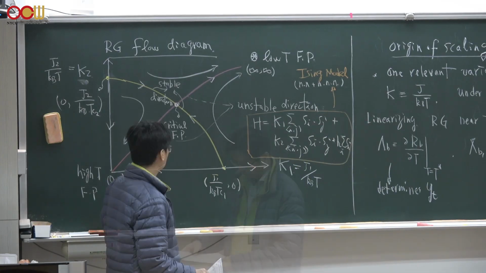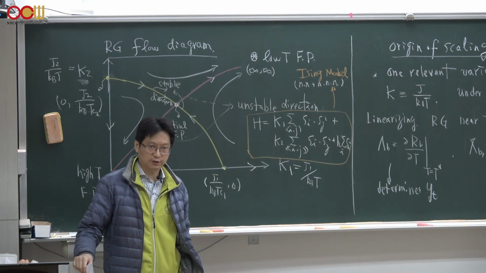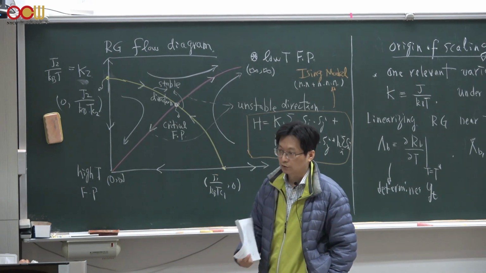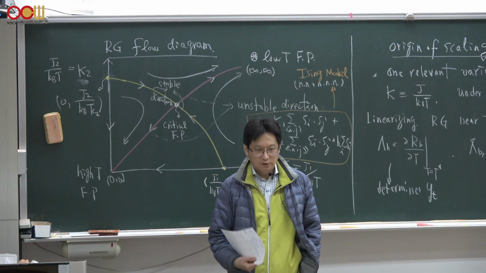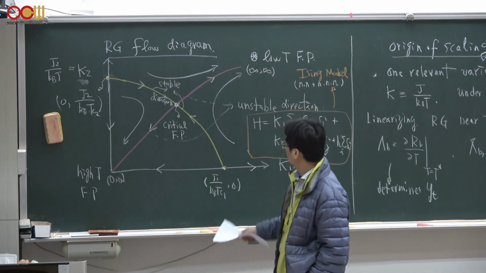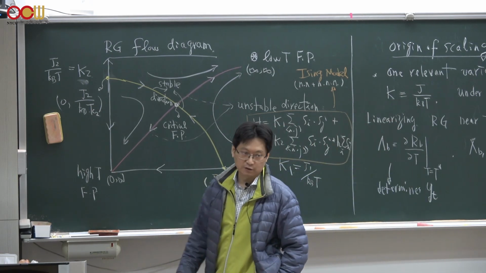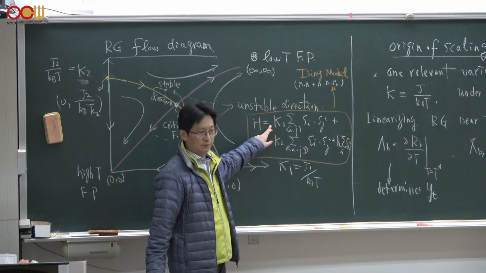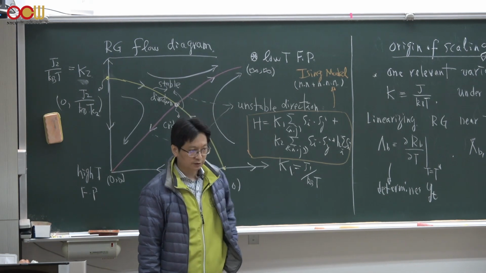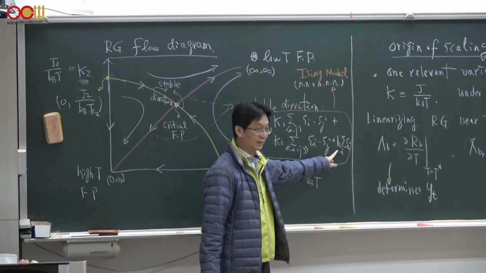So let's discuss the topology, or the RG flow phase diagram, in terms of the parameter space and under RG transformations, and we will see how this coupling constant will flow under RG. So this is the typical phase diagram for the Ising model with nearest neighbor spin interactions and next nearest neighbor spin interactions of Ising type, in the presence of an external magnetic field.